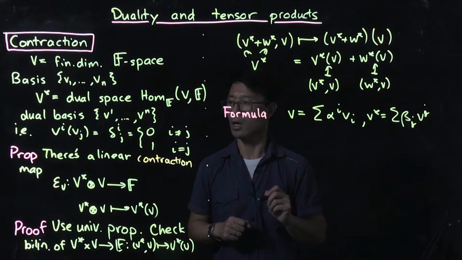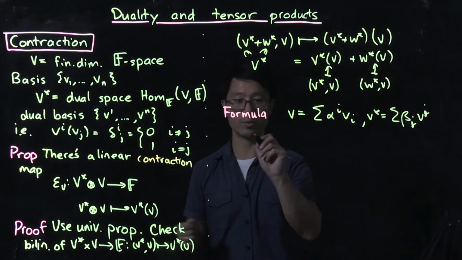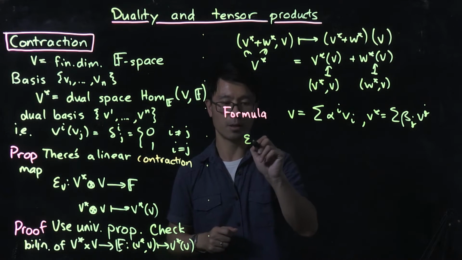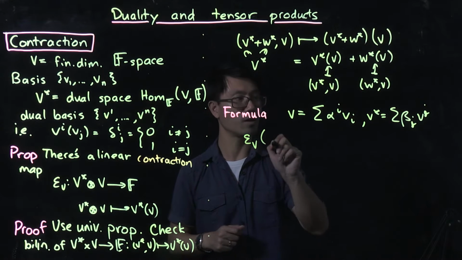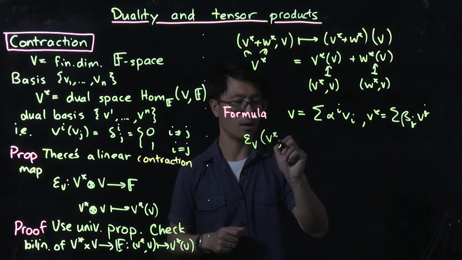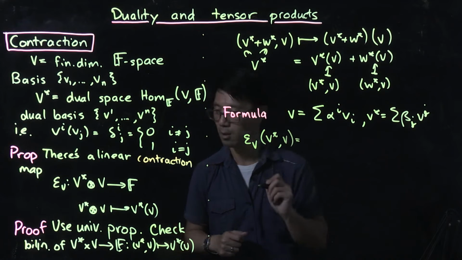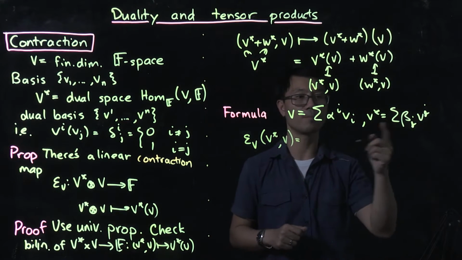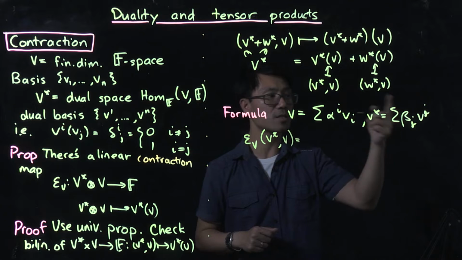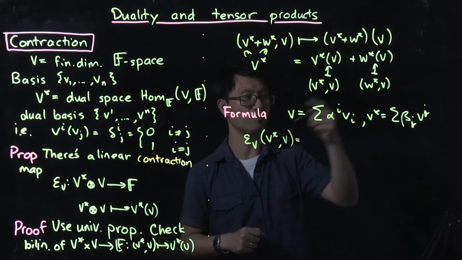Okay, so now let's have a look and see what happens when we do epsilon, this big V, of V star V. So we just basically evaluate this linear functional at this vector.